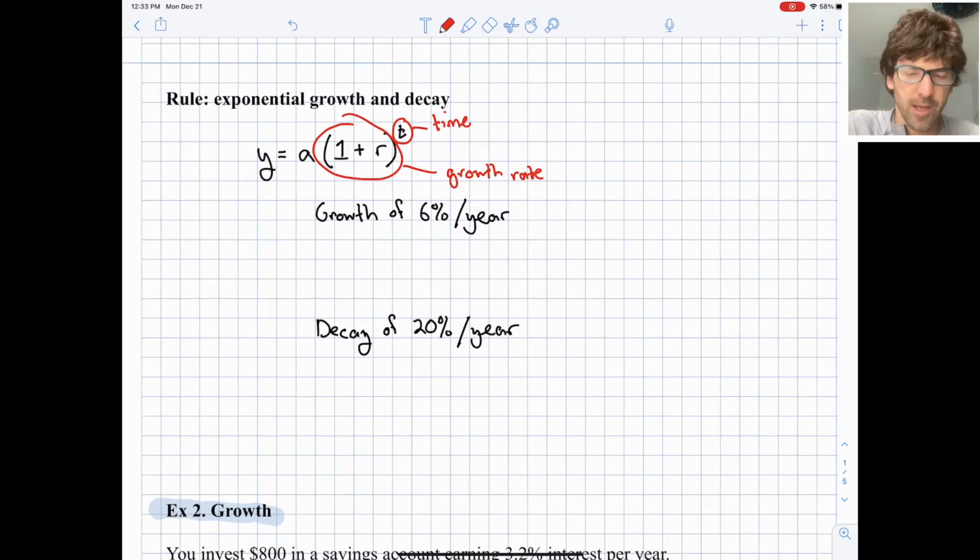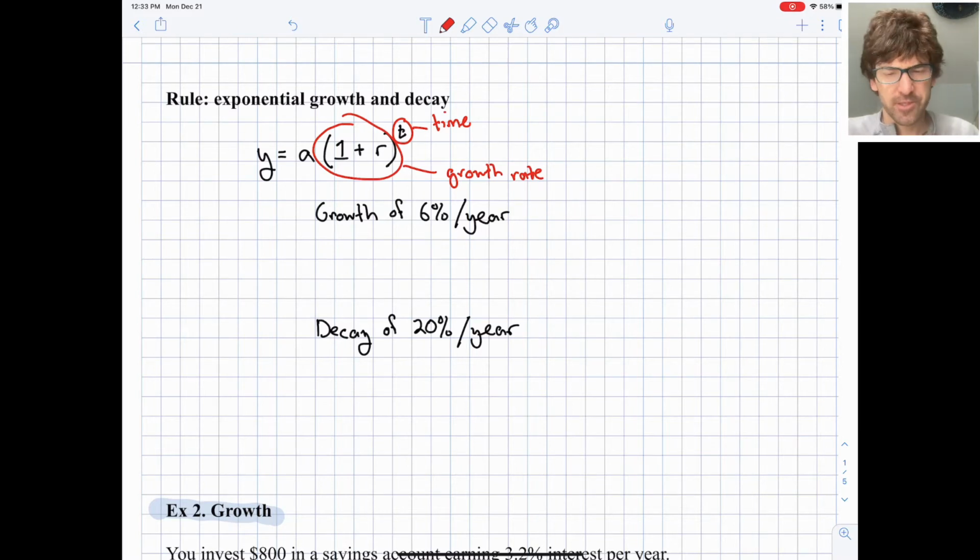We have to add on a 1 because we want to include the 100% that is staying present as something grows. So if something grows by 6% a year, we want to multiply its current value by 1.06 to get its next year's value. That 1 allows us to mathematically keep the 100% current value in its future value.